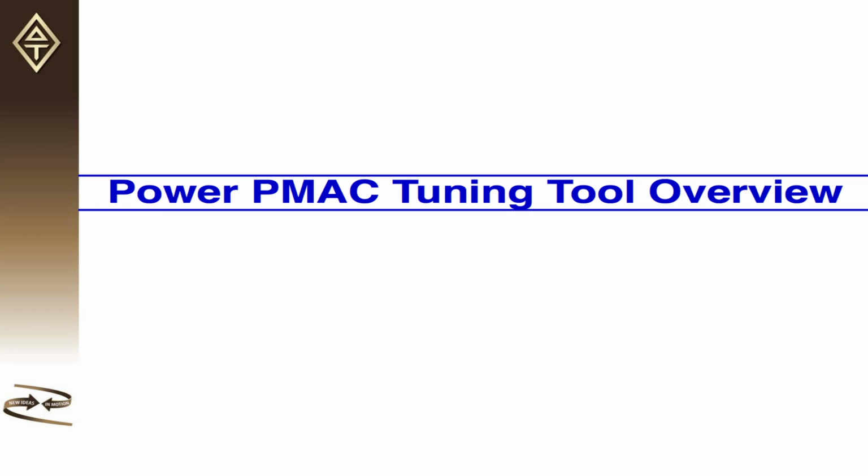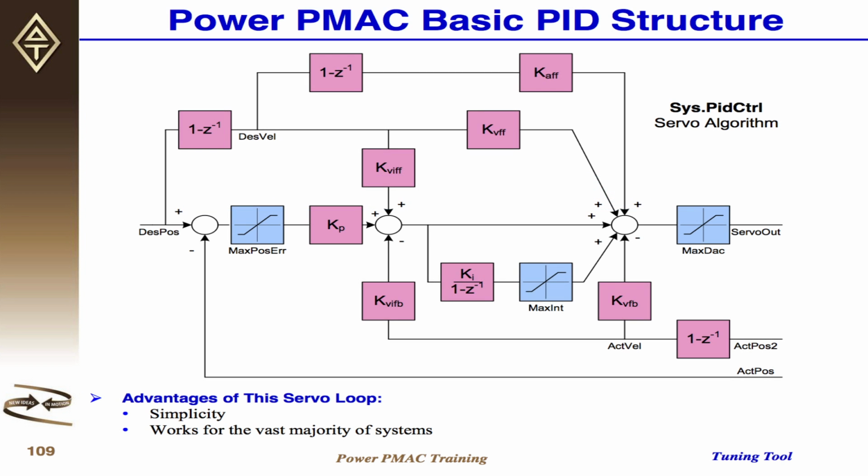And we have, as I said, built-in algorithms such as simple PID. I'll start with that one. It's the basic PID structure. This is the simplest one of all. And you can see that there's proportional velocity feedback and velocity feedback into the integral loop, as well as standard velocity feedback.